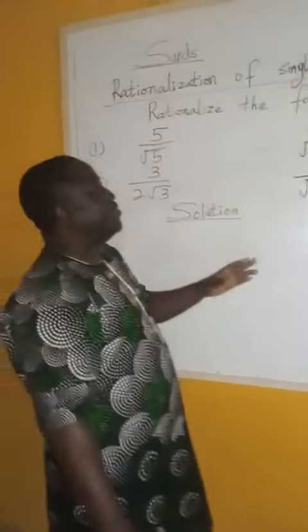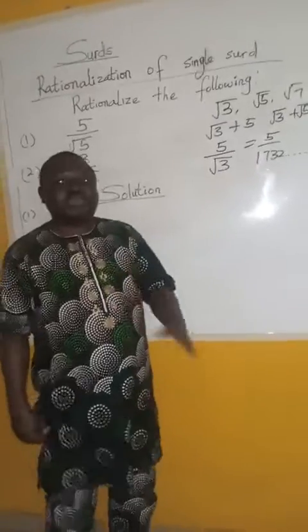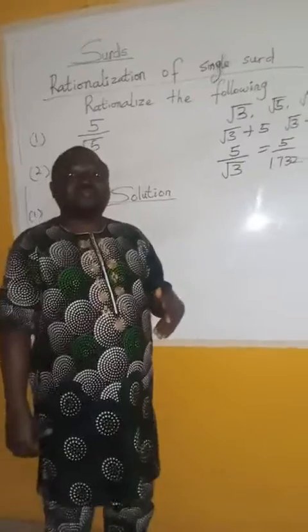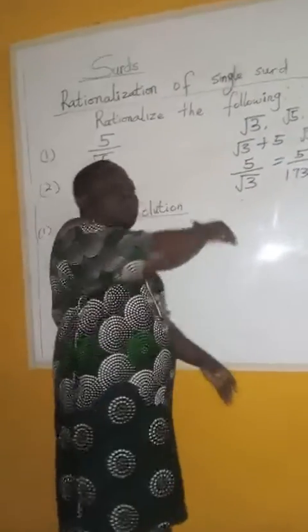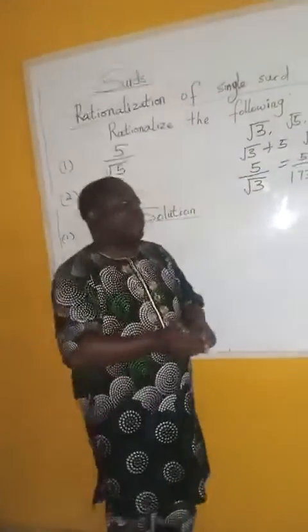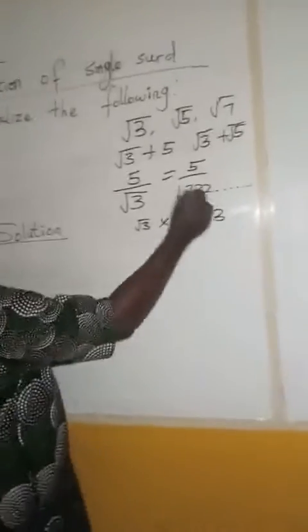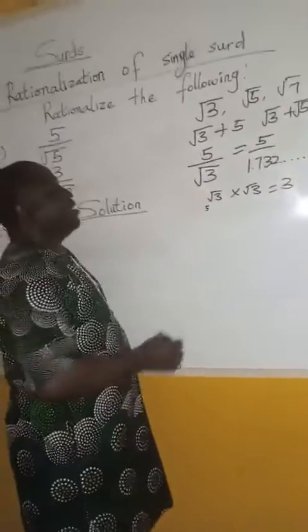So what does it mean to rationalize a surd? To rationalize a surd means to multiply a surd by itself so as to change it to a rational number. For instance, this root 3 here, if I multiply it by itself, we are going to get 3, which is a rational number. So if we divide the number by 3, the calculation will be less cumbersome.